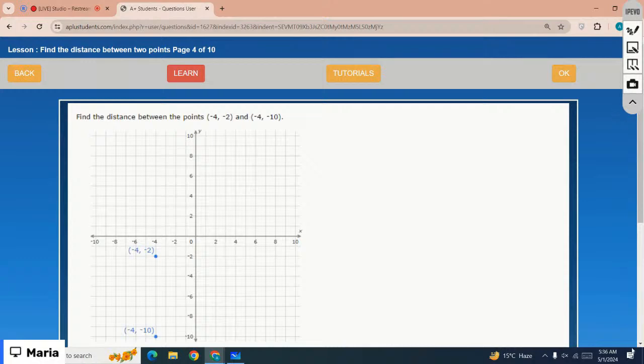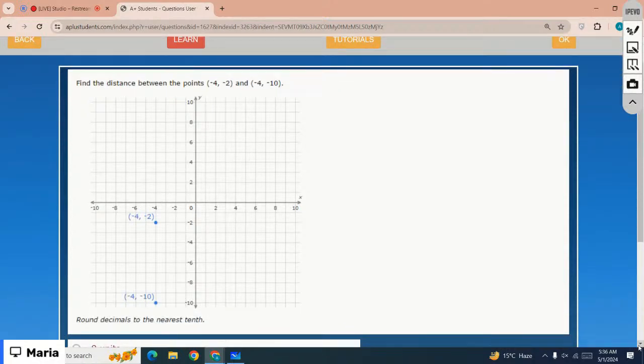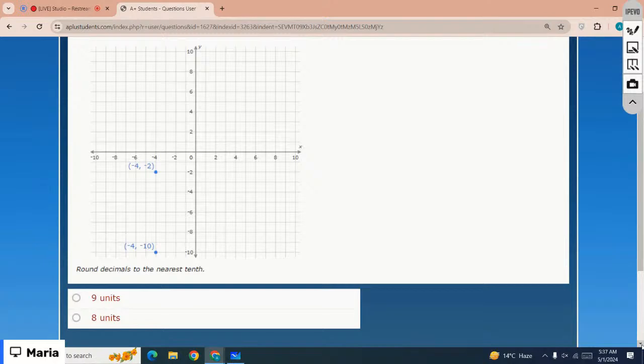Find the distance between the points negative 4, negative 2 and negative 4, negative 10. The correct option is 8 units, right?